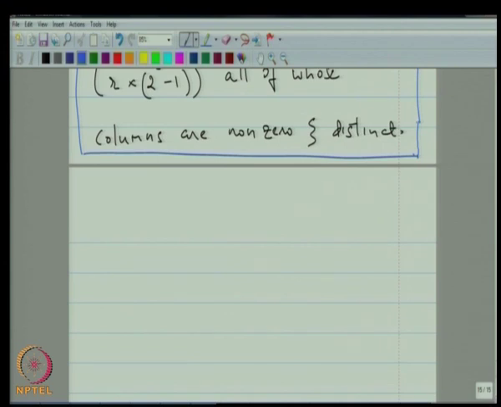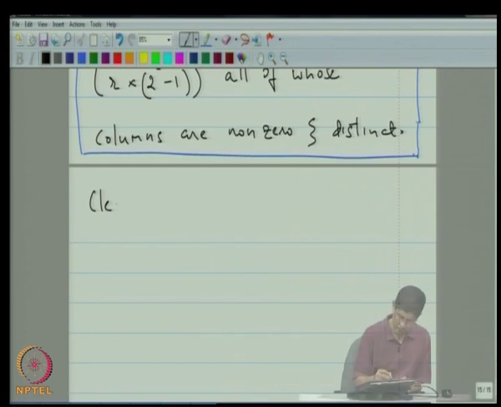Next, that leads us to the question, what are the parameters of the Hamming code? This does not require a proof.